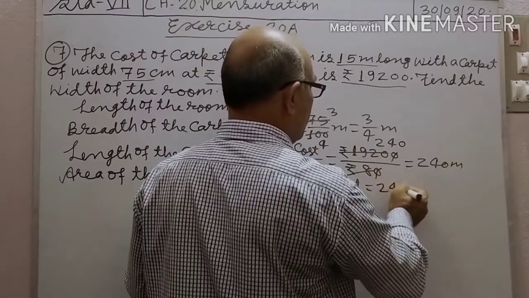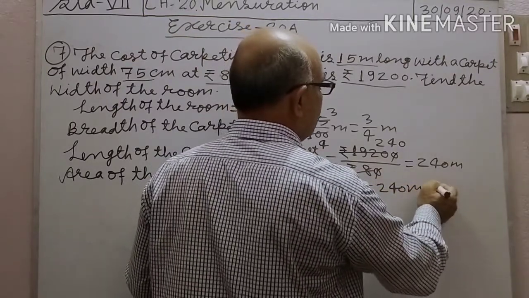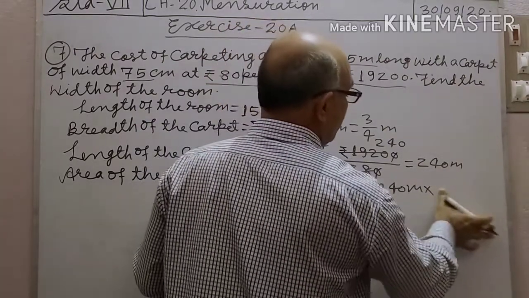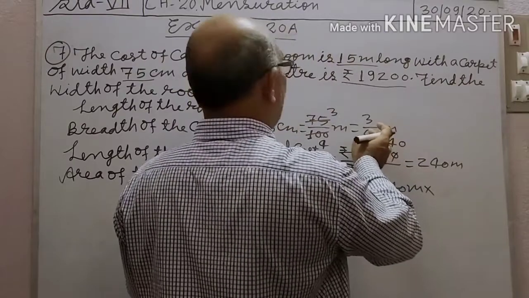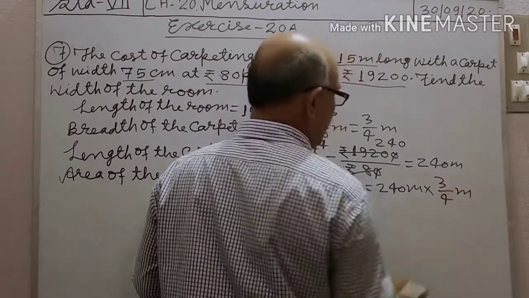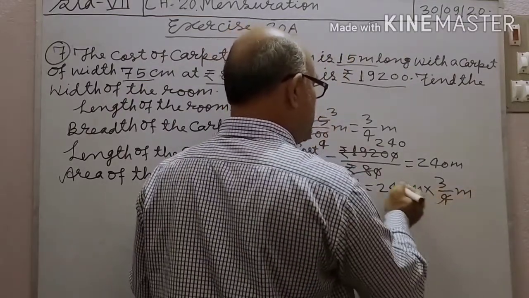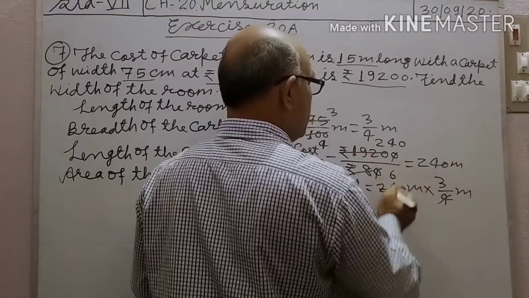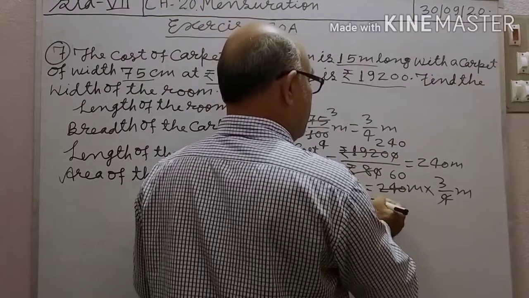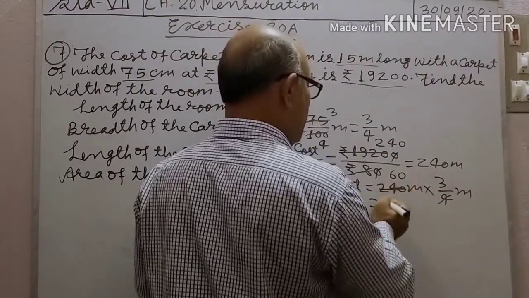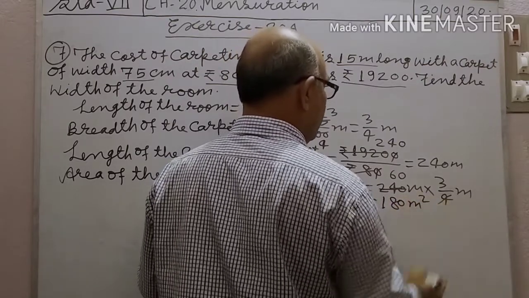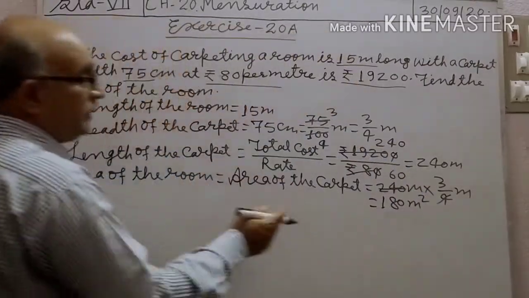So 240 meter into 3 by 4 meter. Divided by 4: 4 6s are 24, 60 meter, equal to 60 into 3, 180 meter square.